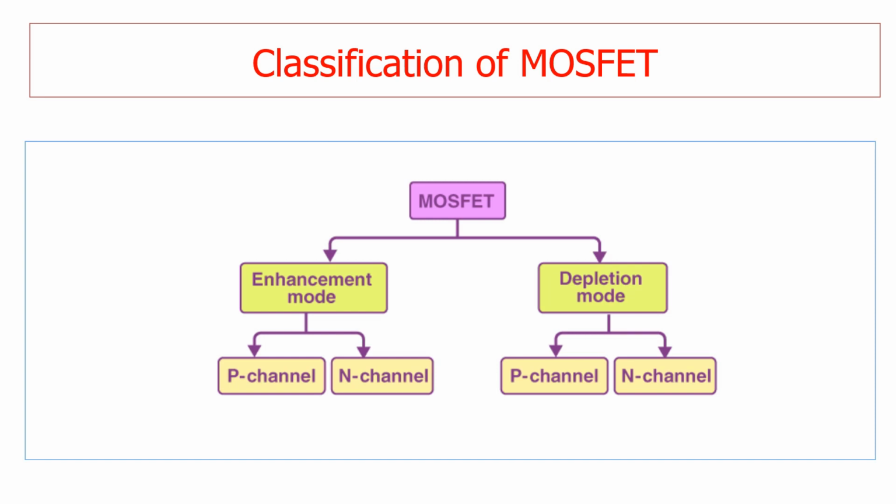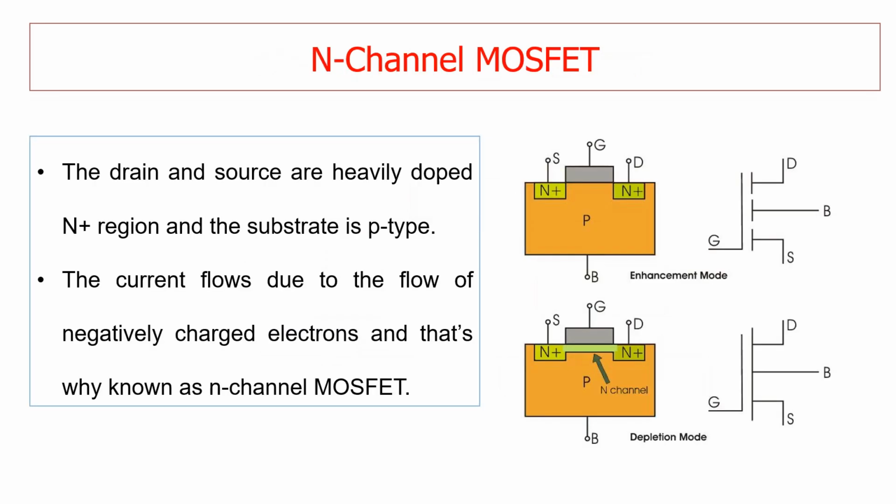So in the depletion mode the drain current is reduced, and in the enhancement mode, due to the application of a positive bias voltage, the drain current is increased. Both enhancement mode and depletion mode have P channel and N channel types.